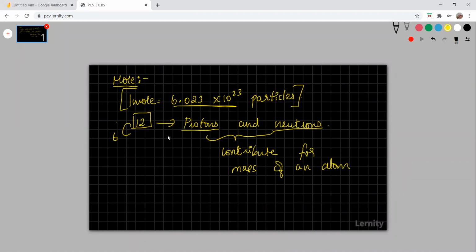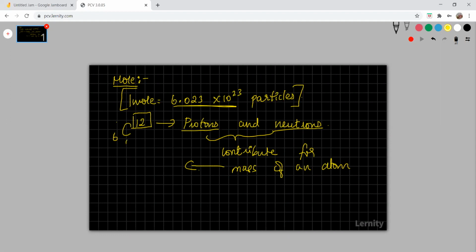Now, when protons and neutrons are contributing to the mass of an atom, each mass unit is called an atomic mass unit.